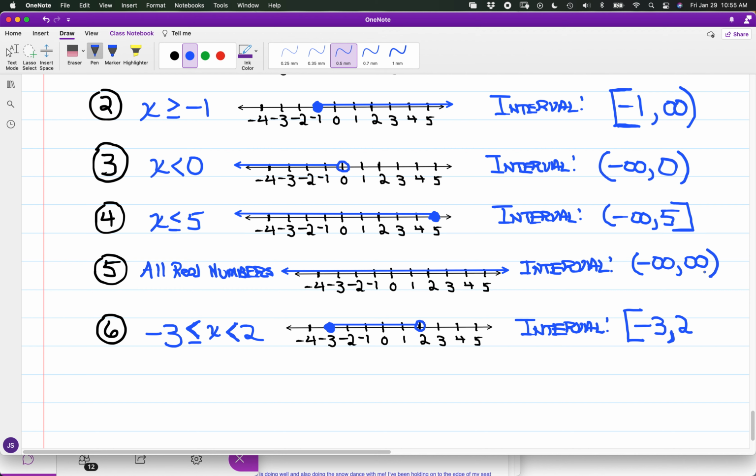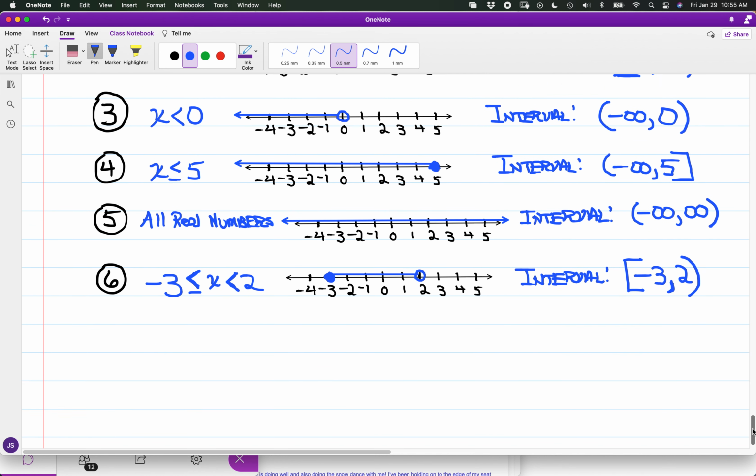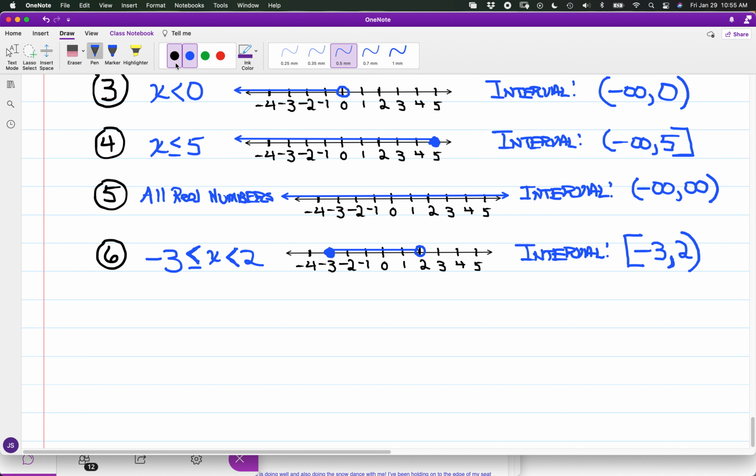And with 2 left out, we have 2 in the parentheses. So you're starting at -3, and your endpoint would be like 1.99999, but never exactly getting to 2.